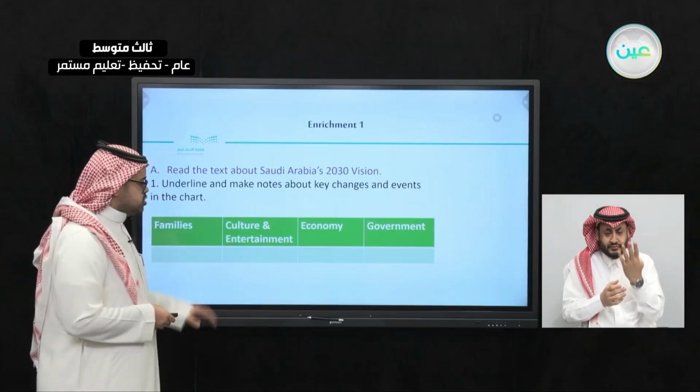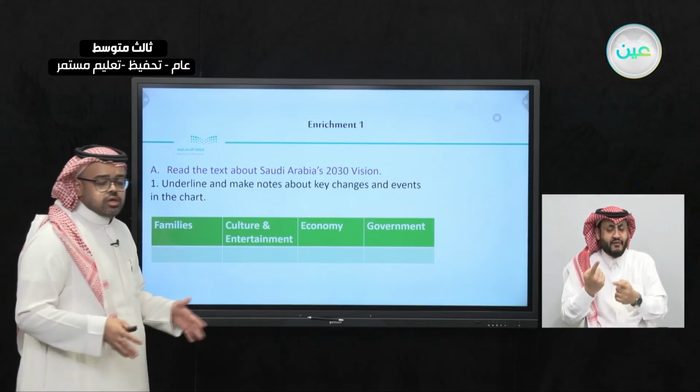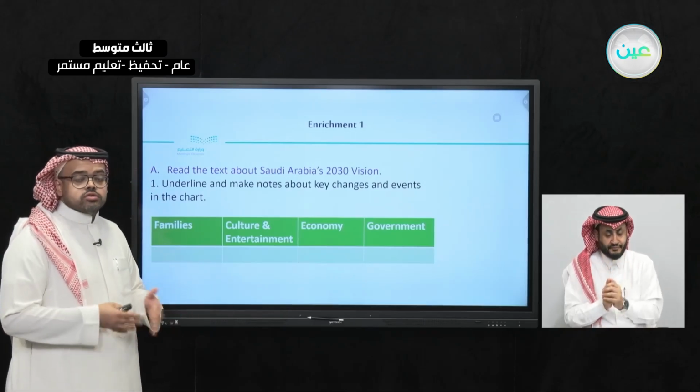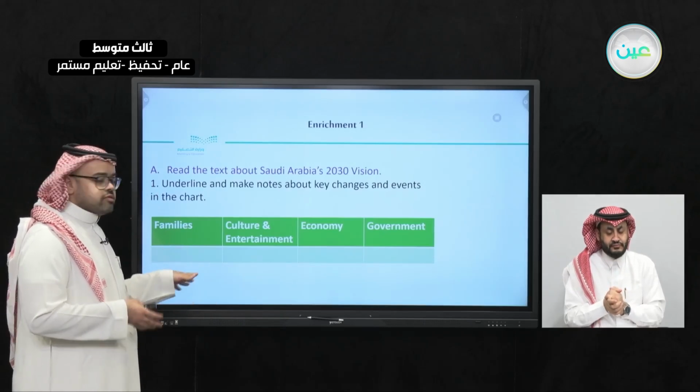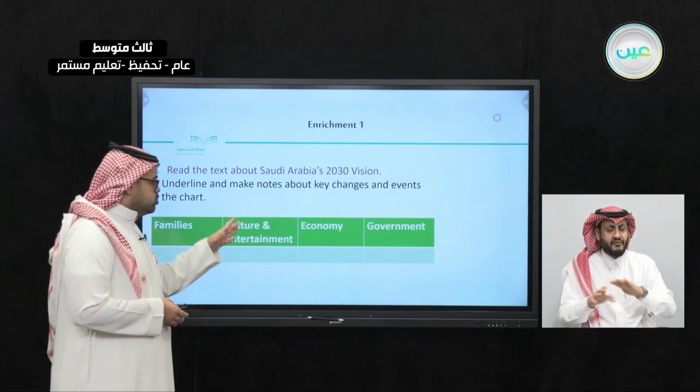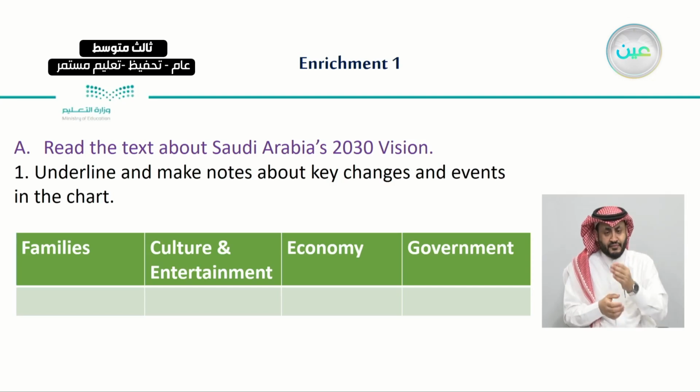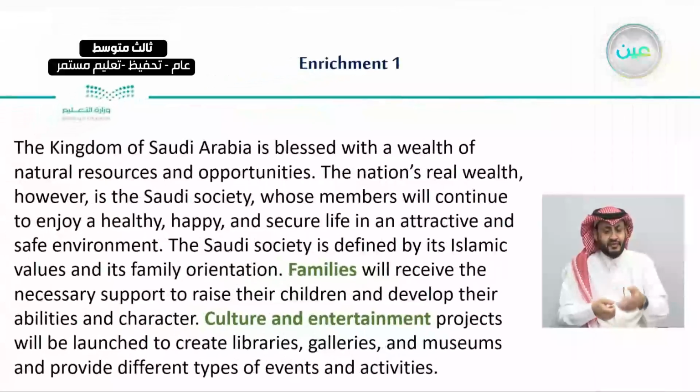The first one is about families, the key features or key events that influence the family, and also culture and entertainment, economy, and government. So while we're reading, we try to pick points to use in the chart below.